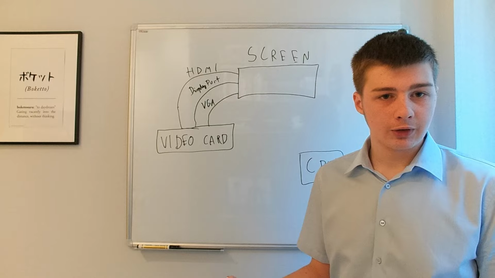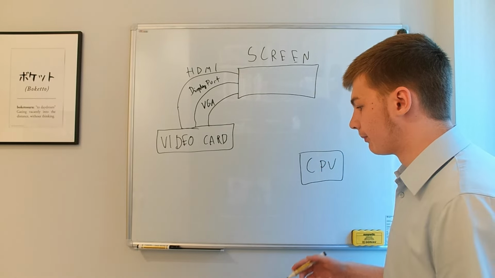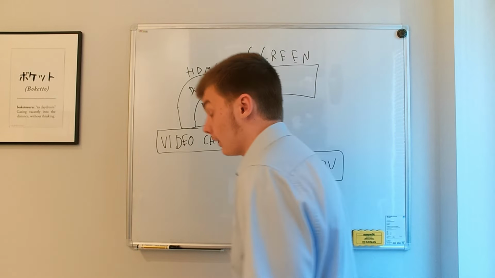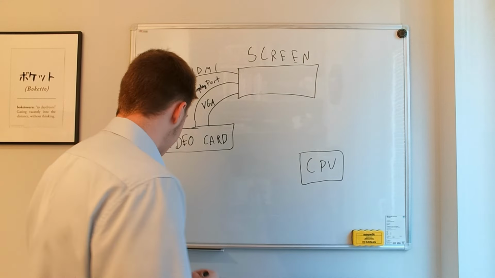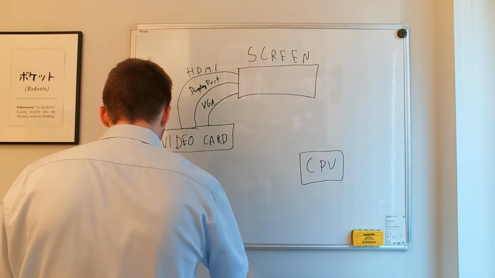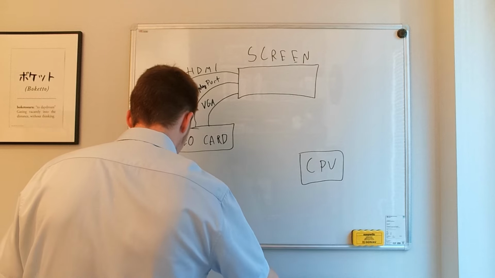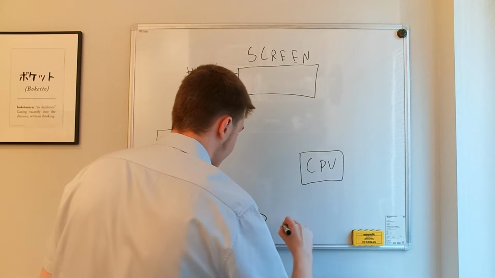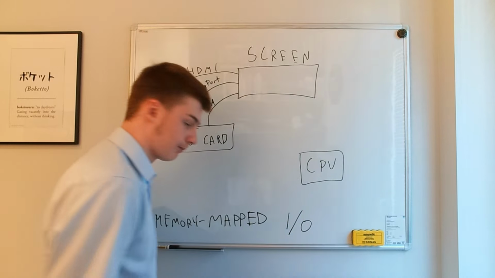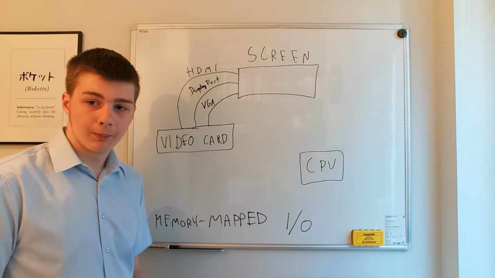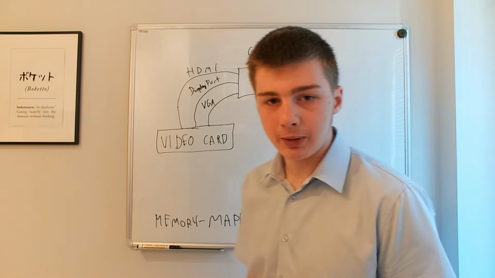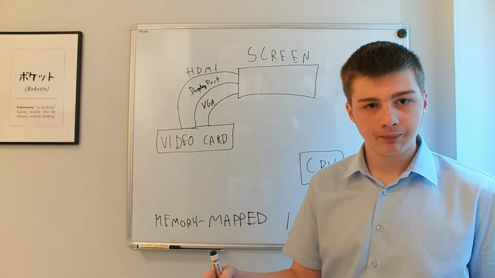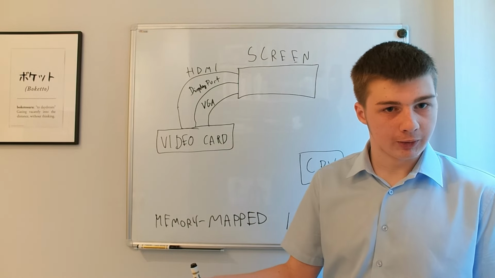The first way that we can communicate with them is this approach, and I think it does have its cost. It's something called memory mapped I/O. The idea of memory mapped I/O is that you have a region in memory, and it stores something called a buffer.